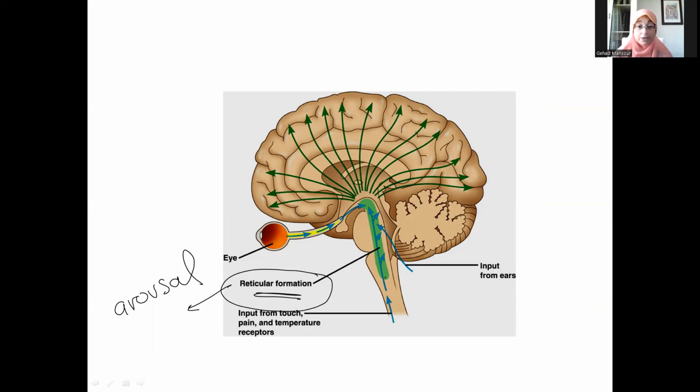The reticular formation is very important for arousal. It is located deep in the substance of the medulla oblongata and the pons.